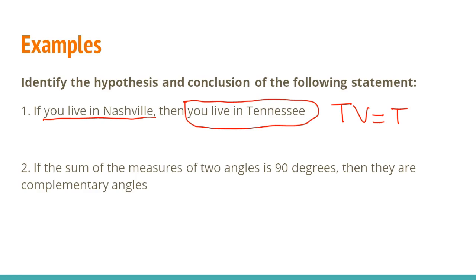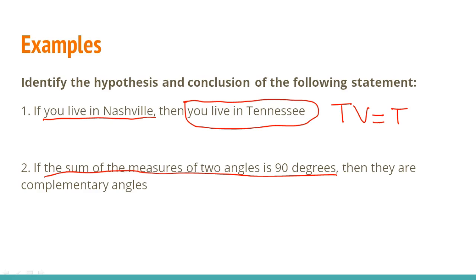Try this one on your own. Pause the video and take a look at it yourself, and then I will go over that. Okay, so it says if the sum of the measures of two angles is 90 degrees, then they are complementary angles. Our hypothesis here is the sum of the measures of two angles is 90 degrees.